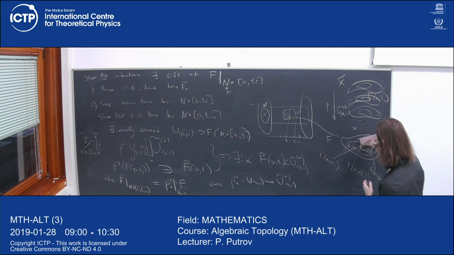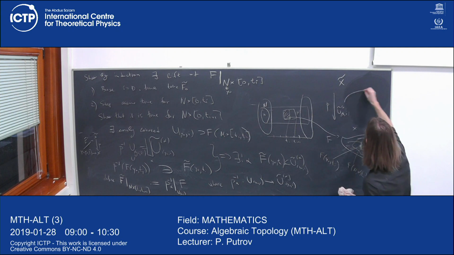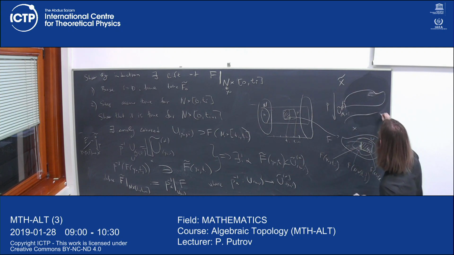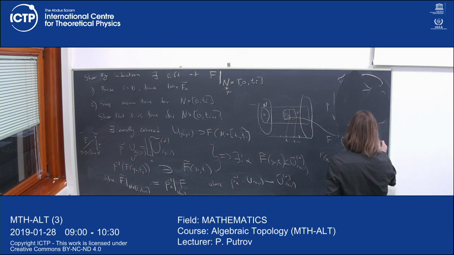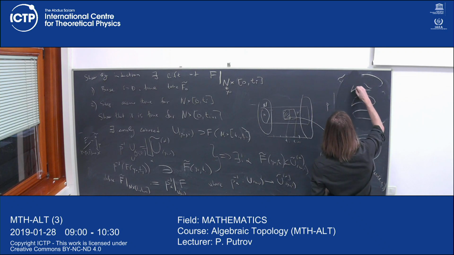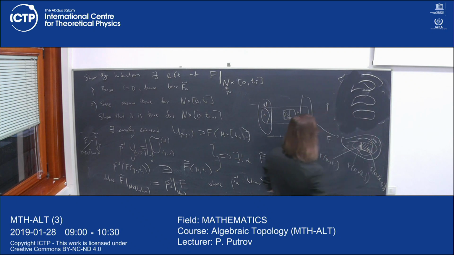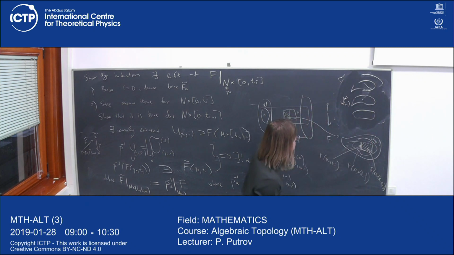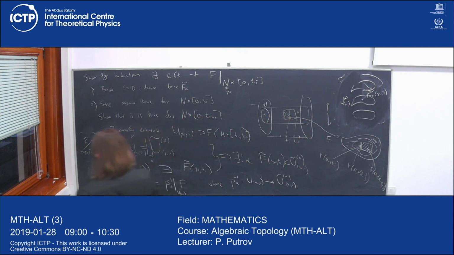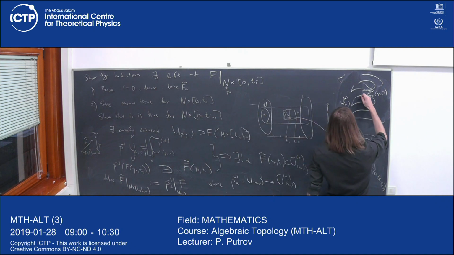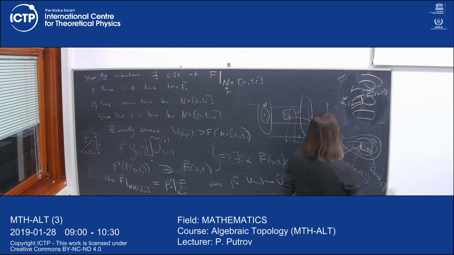So let me write what happens here. There was the lift, and this was U y0 I. Its preimage looks like a disjoint union of some homeomorphic sets, and there is a unique one among them that contains f tilde of y0 ti.